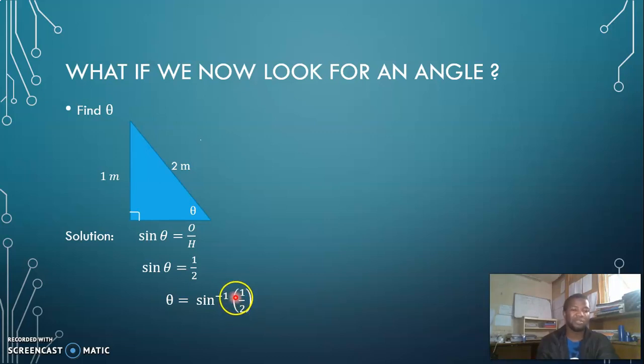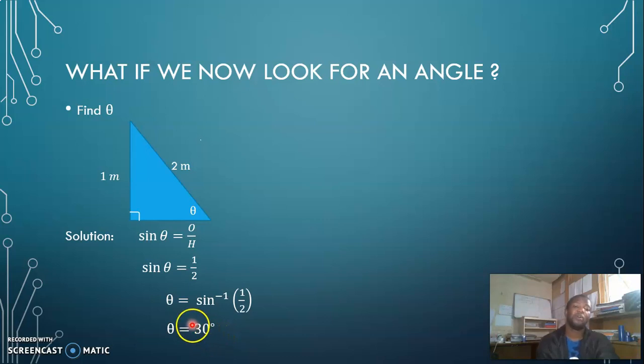There is a big debate between reciprocal and inverse, but we won't go into that. Let's call it the inverse of sine for the purposes of what we are currently doing. And then if we put this in a calculator like we did earlier, what we're going to get is theta is equal to 30 degrees.